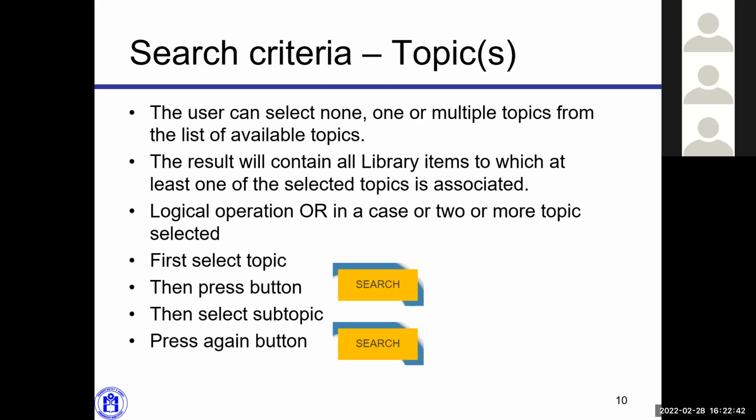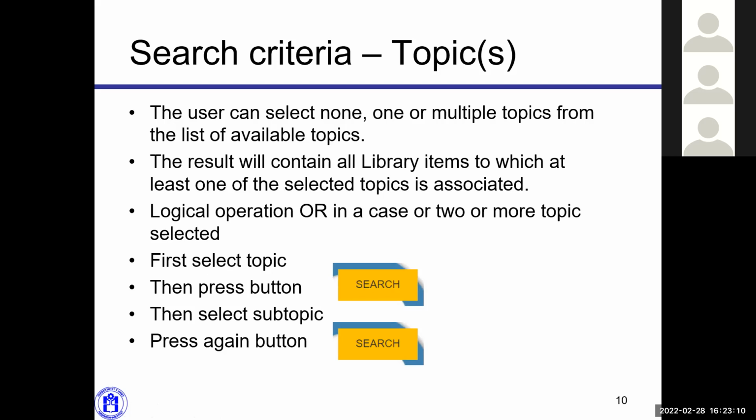How does it work? When you try to narrow the results, first select one topic, and then press the search button. You will get, let's say, 100 results.